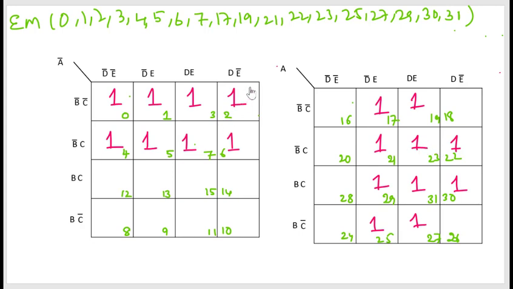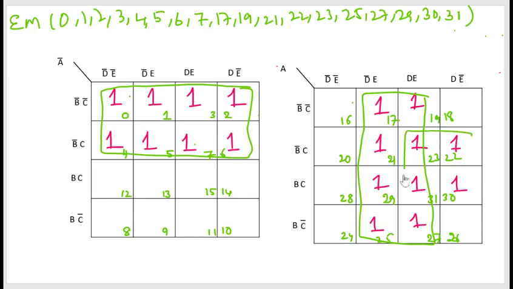We are going to use this entire 8 ones as one octet, and this entire 8 ones as one more octet, and these 4 ones as a quad. Even though these 4 ones and these 4 ones are identical in location, they are already covered by the octet, so there is no point of covering once again.